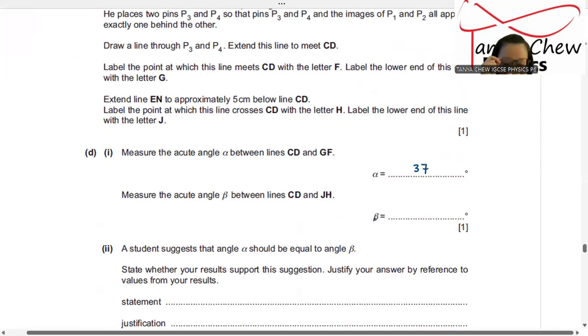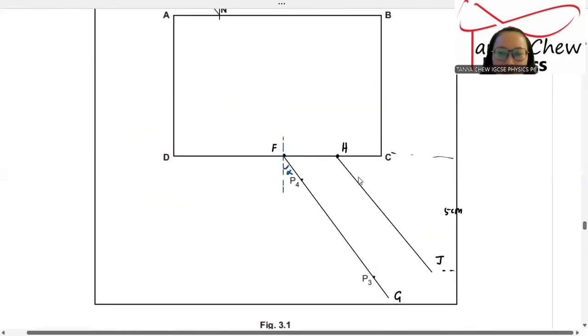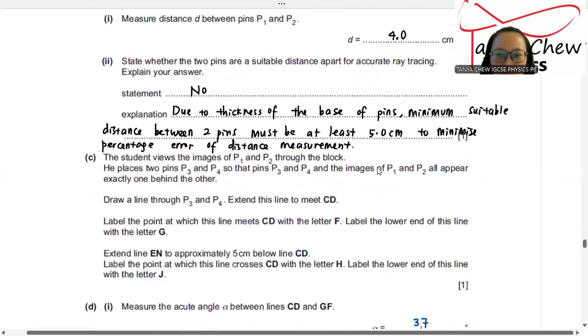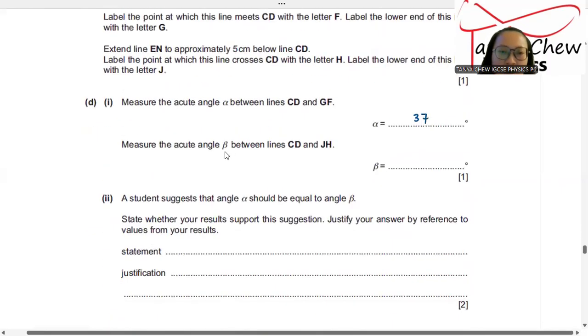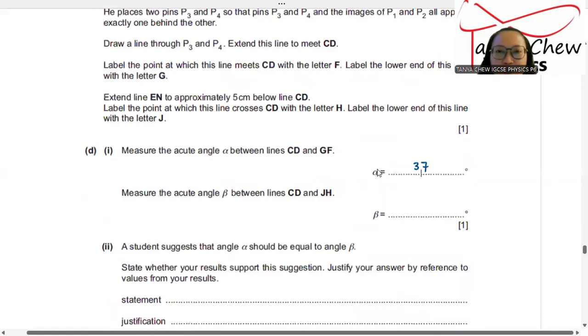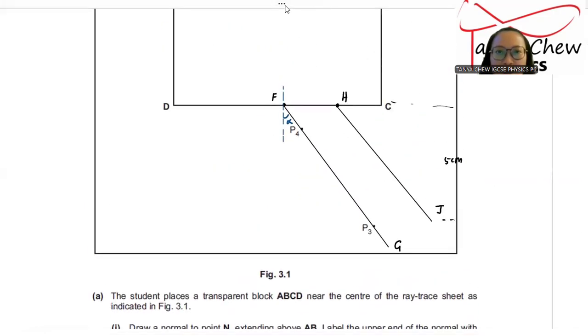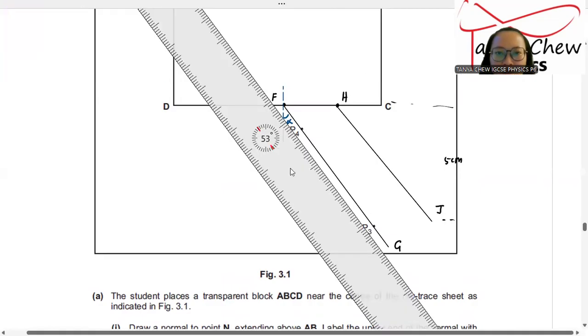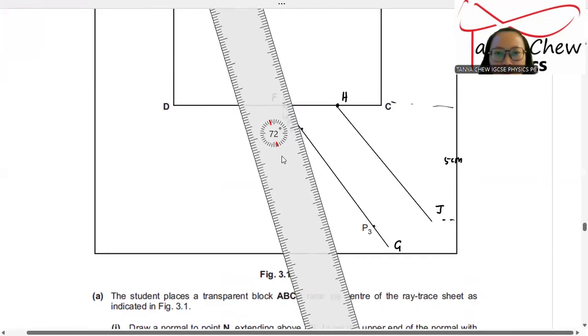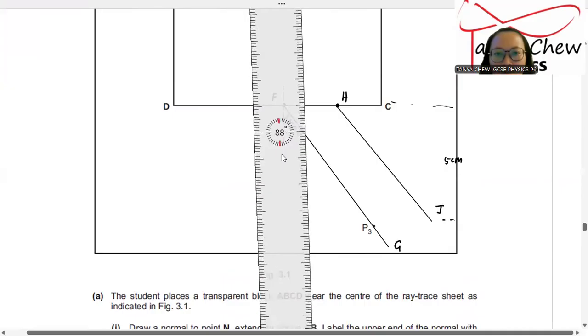And then for my beta, let me read, measure the acute angle beta between line CD and JH. Okay, CD is here, JH is there. So use my ruler again. 90 degrees.